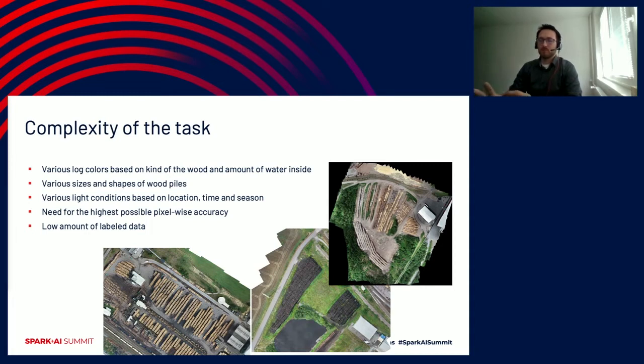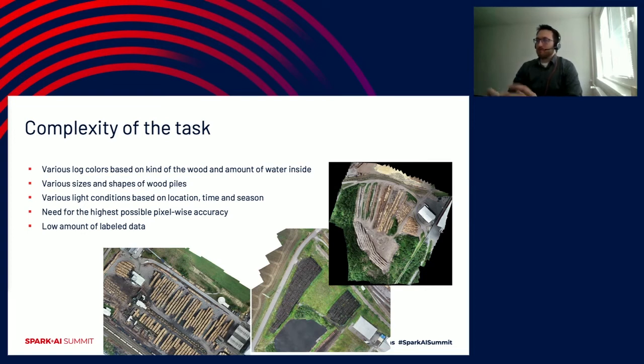Also, the color of the wood varies, and most of those variations are based on the wood type, because birch can have a different color than pine and a different color than spruce, etc. And also the amount of water inside the wood is a significant player in these color changes, because the wet wood, as you can see, is much darker than the dry wood, which is much lighter.